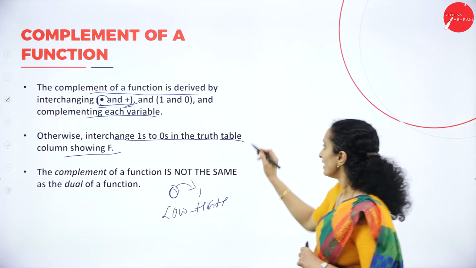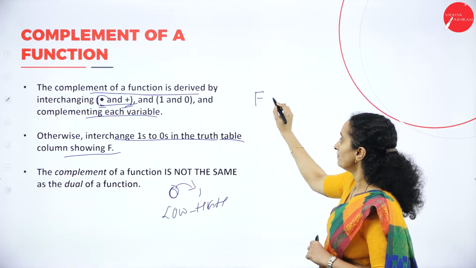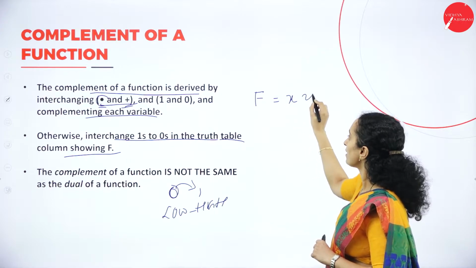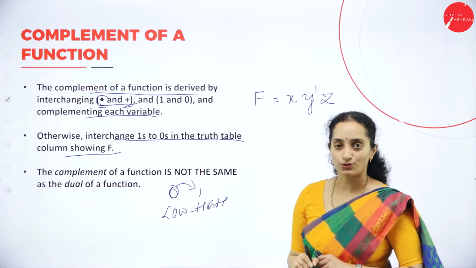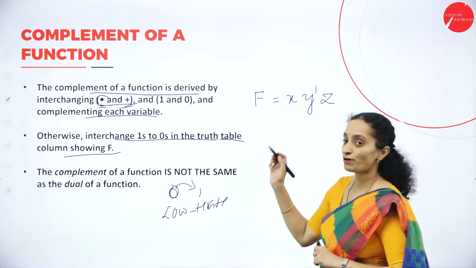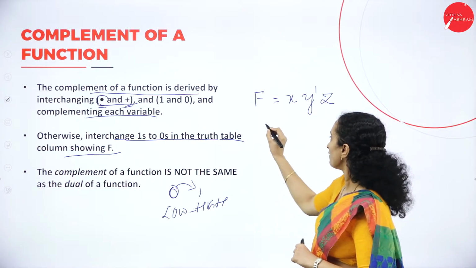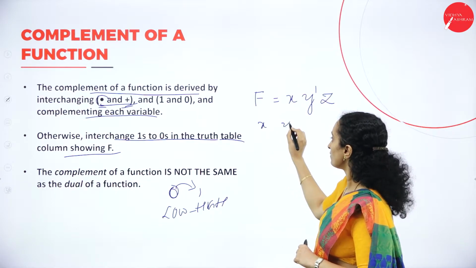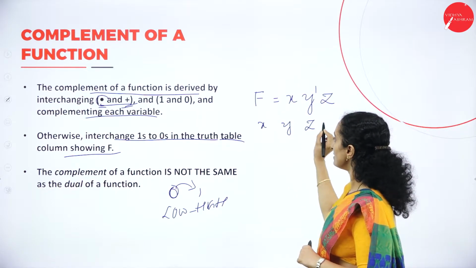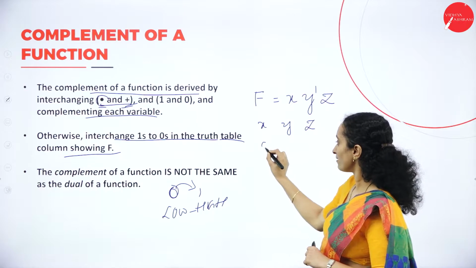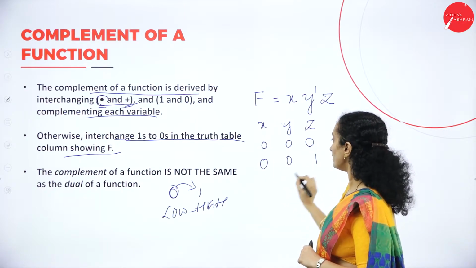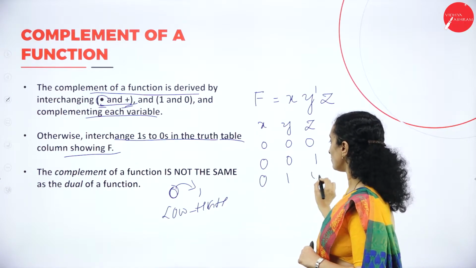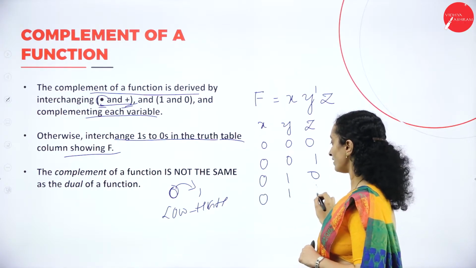Like if you have a function x y dash z, how do you perform the complement? If you take x, y, z, the combinations will be 0 0 0, 0 0 1, 0 1 0, 0 1 1.